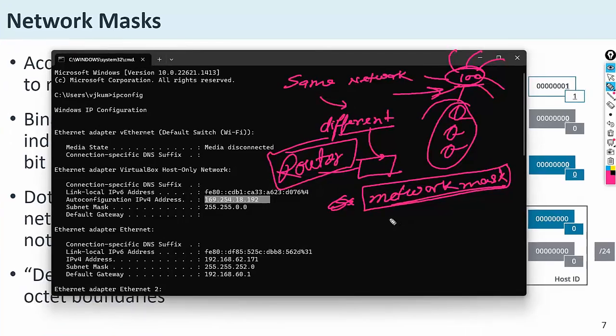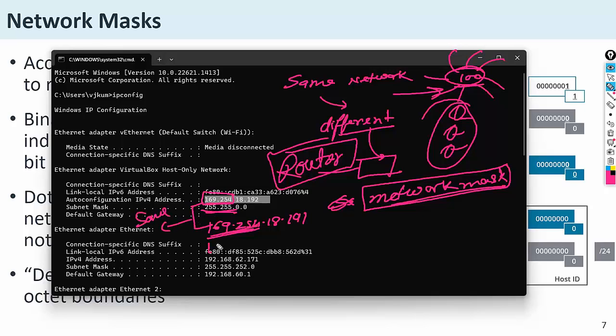Network mask means there is a 255, and these two octets will be identified. Like there is another IP address, 169.254.18.191. So 255 means these two will be considered. If both are the same, it will be considered the same network.